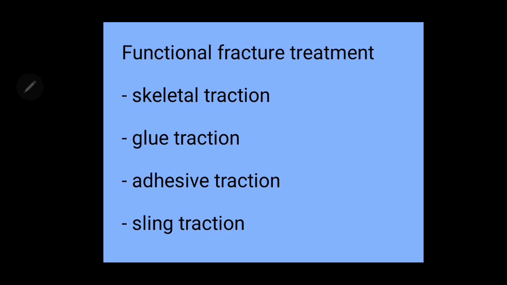So now let's talk about the so-called functional fracture treatment, and this treatment includes skeletal traction, glue traction, adhesive traction, and sling traction. This functional treatment doesn't provide as good fixation as bandages, but it gives us other advantages, as we can immobilize unstable fractures.